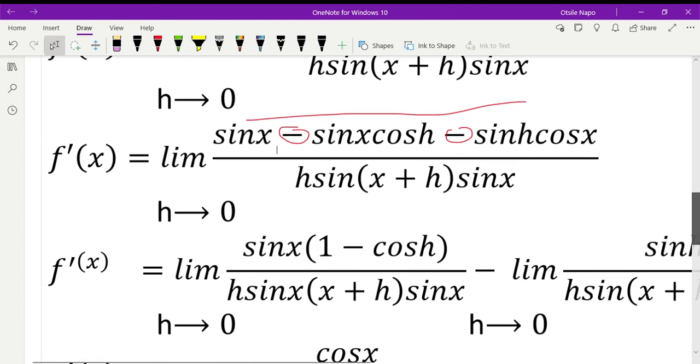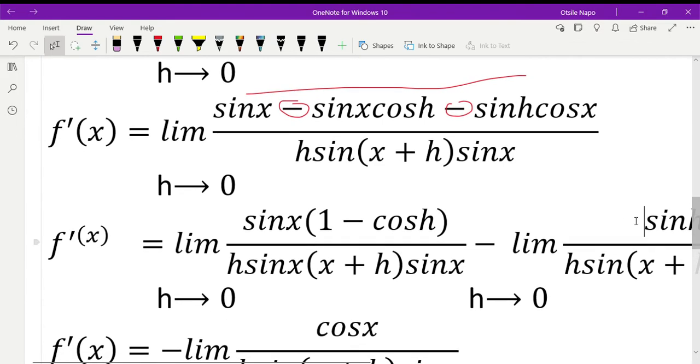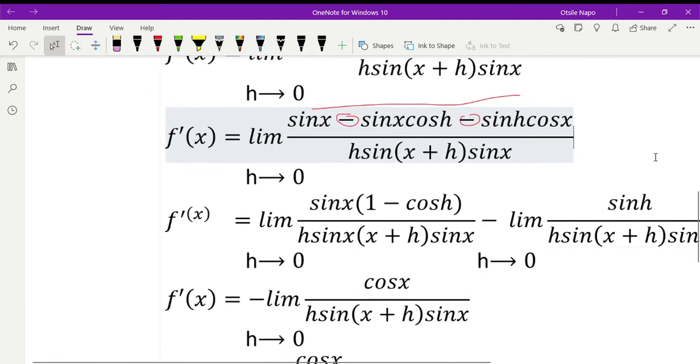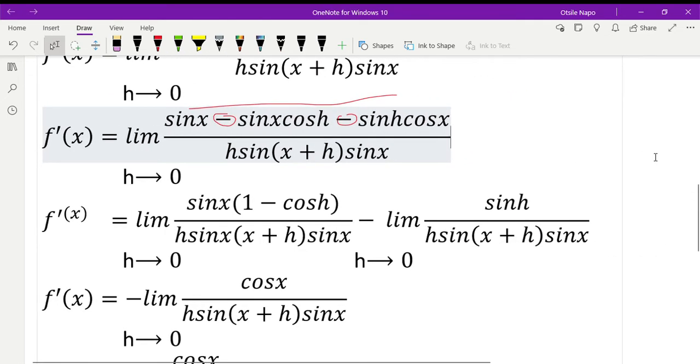You therefore apply the rules of limits. The rules of limits state that the limit of a sum is the sum of the limits. So that means you can rearrange the limits in a suitable way.